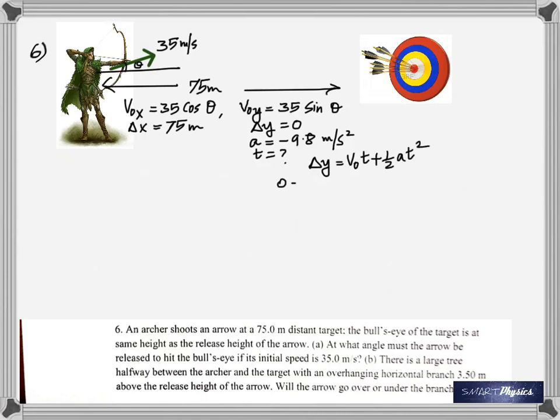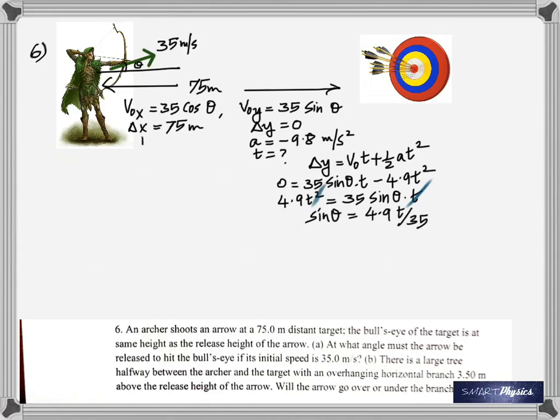Using this equation, substitute into that. There are two unknowns there. Cancel out one of the t's and you get this as one of the equations.